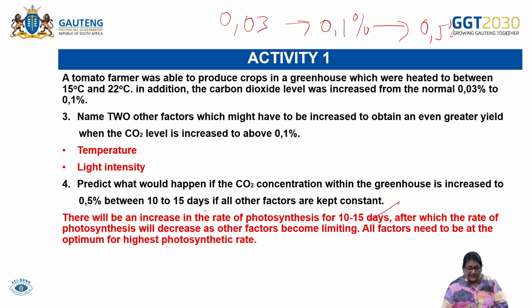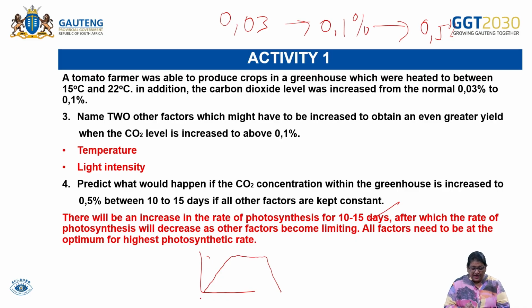Obviously, you'll see photosynthesis will increase, right? But all other factors are kept constant. So after which the rate of photosynthesis will decrease as other factors become limiting. So the graph can go like this. It will increase, increase, increase. And then it can go down, and it can actually eventually decrease.